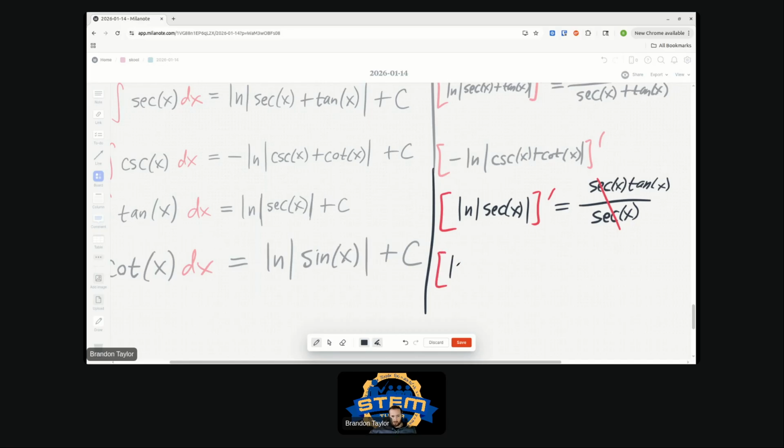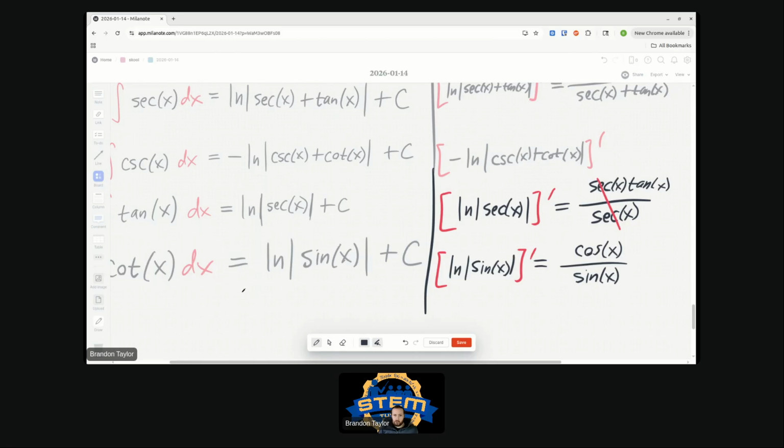And then finally, this last one, natural log of sine of x. If you take the derivative of that, what do you get? You get 1 over sine, right? 1 over x for the derivative of the outer function evaluated at the inside. We're doing the chain rule in our heads here, basically. And then what's the derivative of sine? Cosine. Cosine over sine is literally cotangent. That's literally what it means. Voila. So hopefully that idea makes sense.